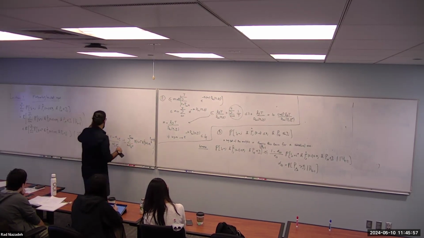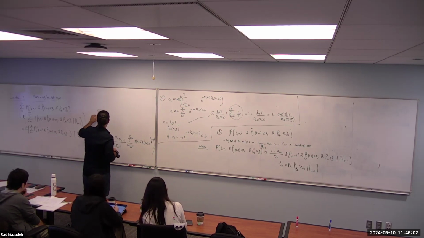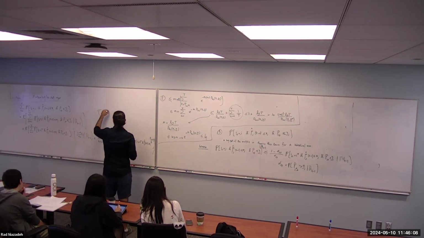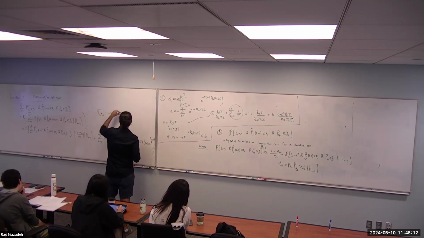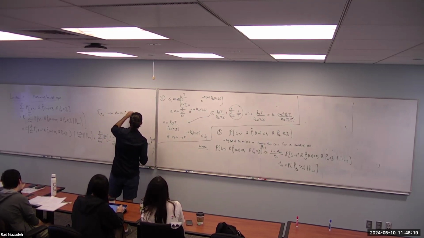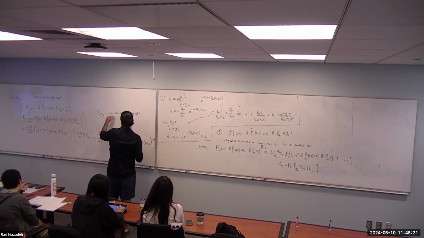So what are these taus? Just as a recap, tau of I star and k is the time when arm I star is being pulled for the k-th time.